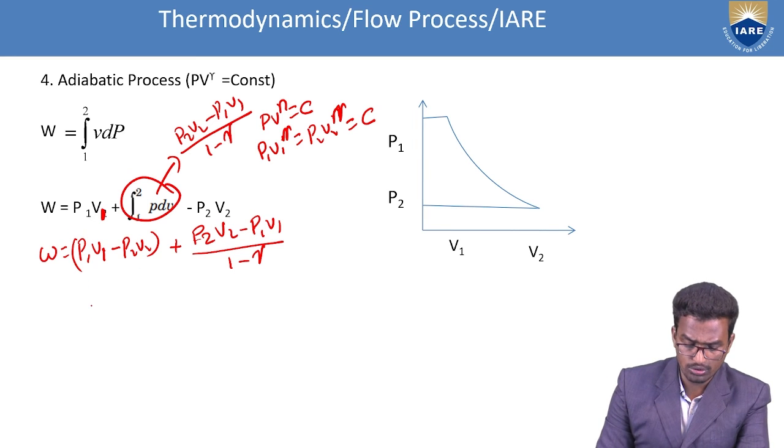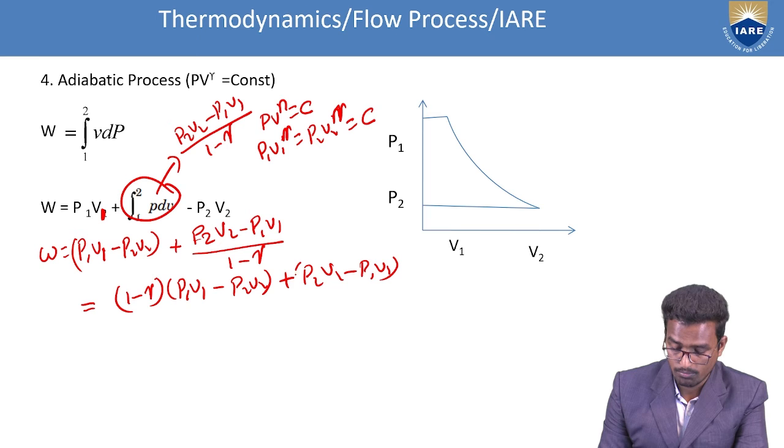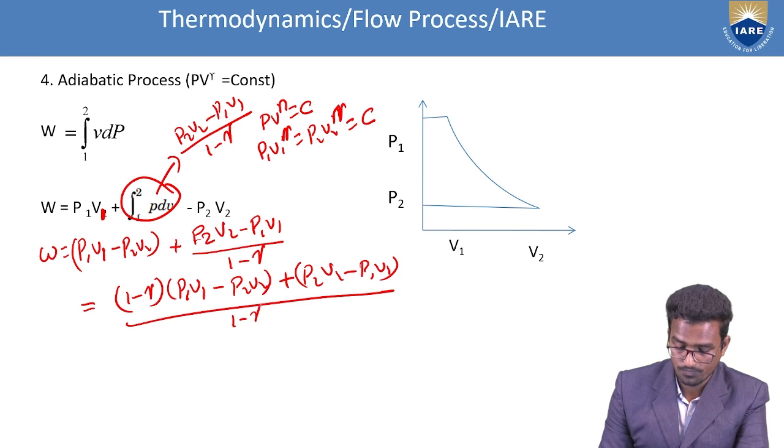Write the same equation, P2 V2 minus P1 V1 by 1 minus gamma. Now do the simplification of this equation. Do the multiplication, 1 minus gamma into P1 V1 minus P2 V2, plus P2 V2 minus P1 V1 by 1 minus gamma. Now simplify this equation.